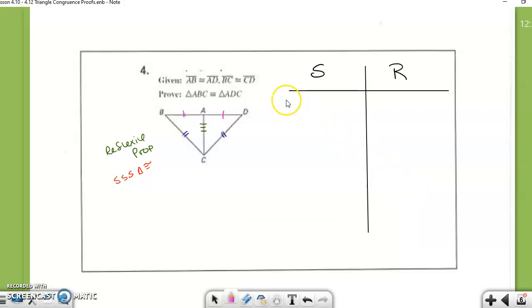So I'm going to take my first statement, that AB is congruent to AD. That was given. Then I have my second statement I want to make, that goes with that notation, that BC is congruent to CD. That was also given.